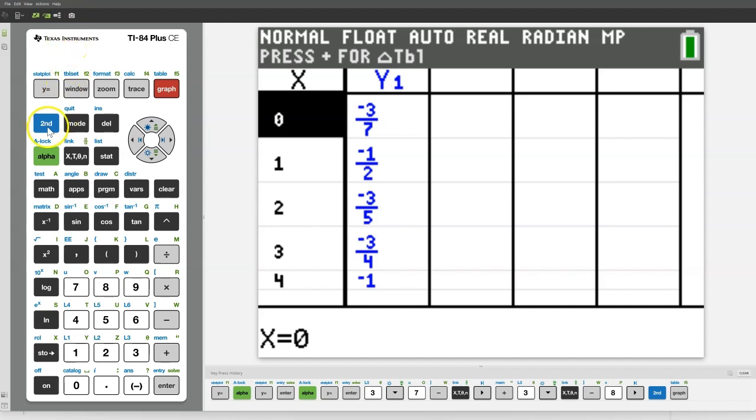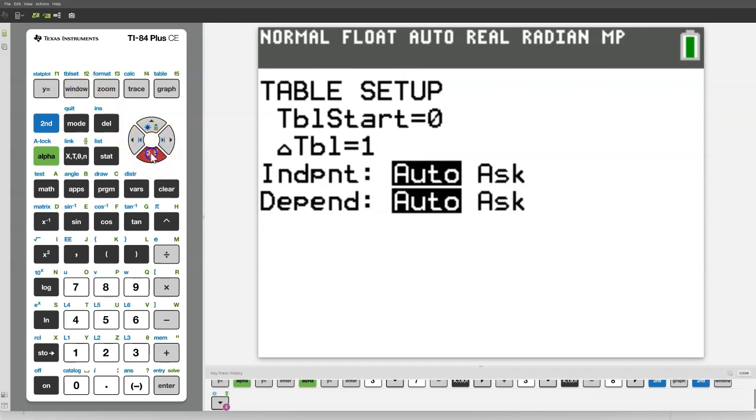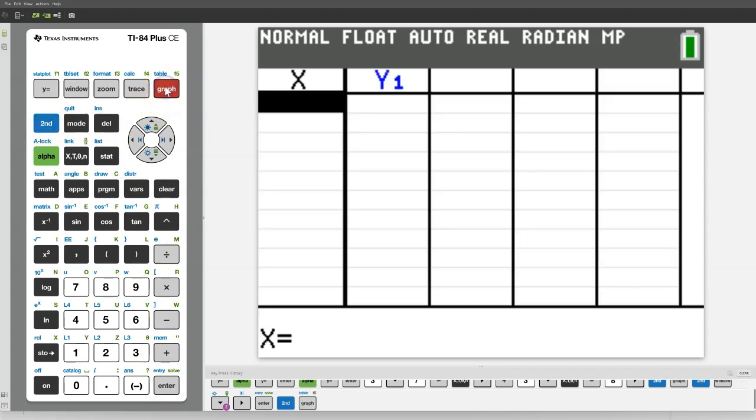So I'm going to press second, and then table setting, it's shortened, and I'm going to click on that, and then scroll down to the independent variable. I don't want it to be automatic. I want it to ask me what I want the independent variable to be. So I'm going to press enter on that. And now I'm going to go back to the table, and now it will let me plug in values.